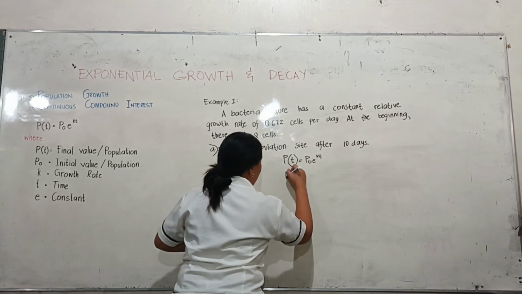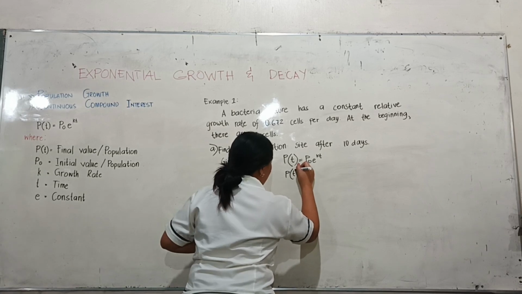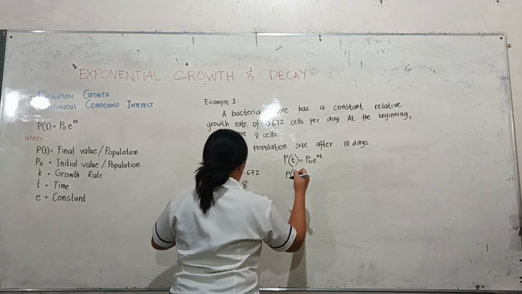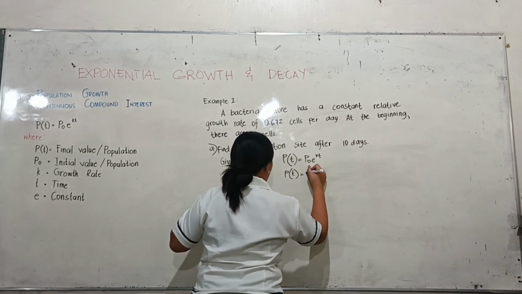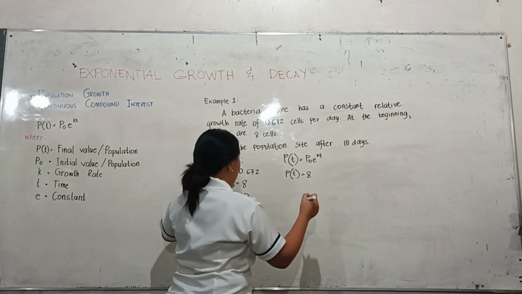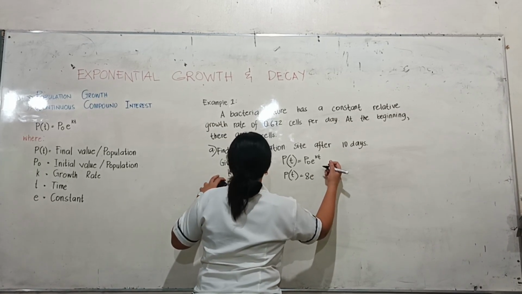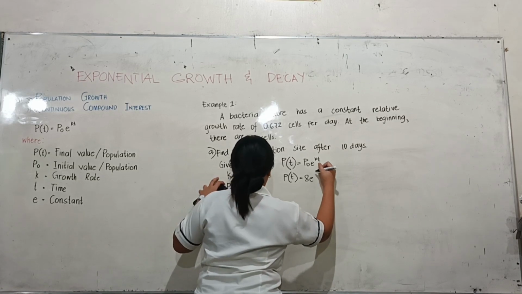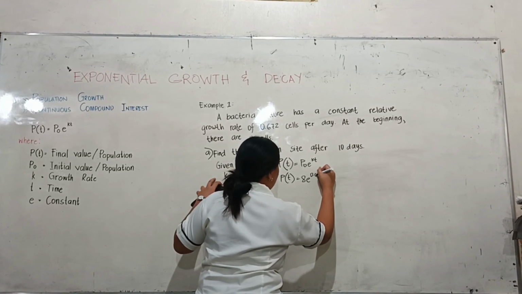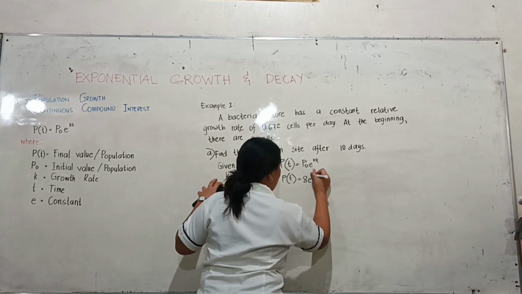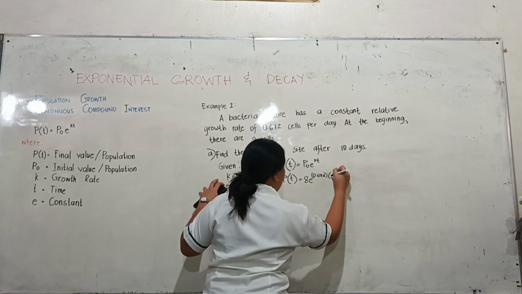So the unknown final value is equal to the initial value, which is 8, times e raised to the growth rate, which is 0.672, times the time 10.